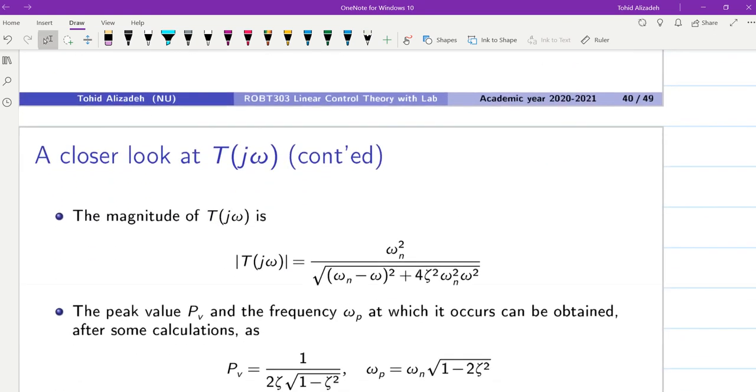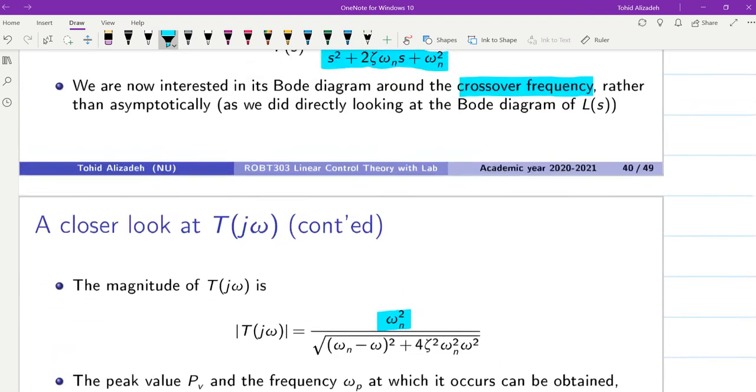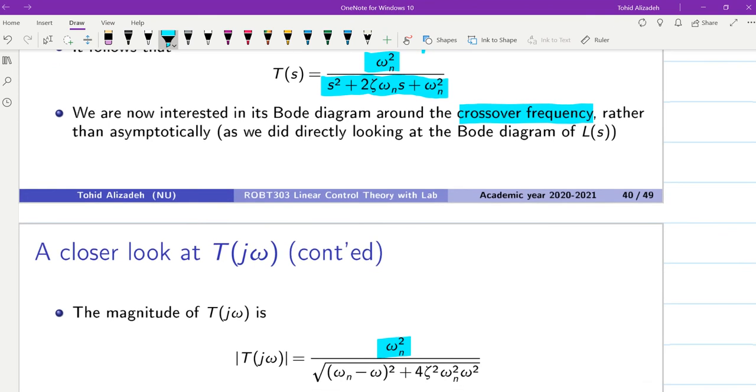Now we can obtain the magnitude of T of j omega. It will be equal to omega n squared over the square root of omega n squared minus omega squared, all squared, plus 4 zeta squared omega n squared omega squared. I guess it's quite straightforward to do. You just need to write down T of j omega, which is omega n squared over minus omega squared plus 2 zeta omega n j omega plus omega n squared.